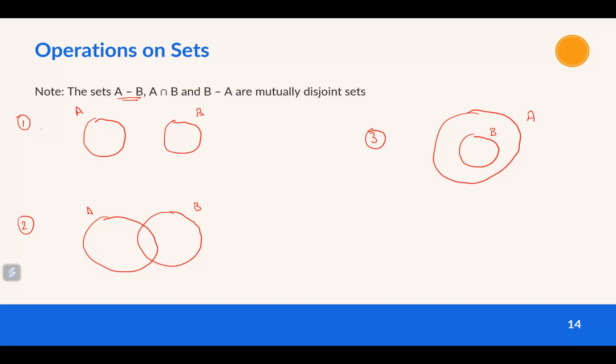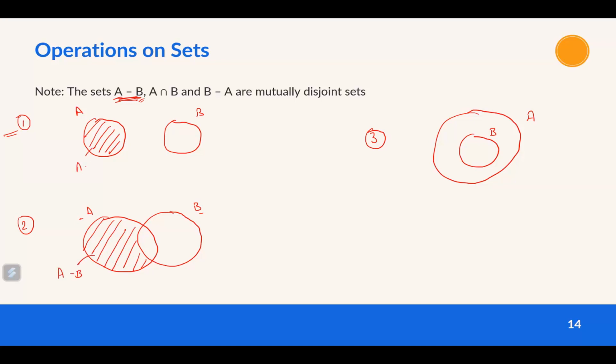In the first case, it will be the set of the elements of A when we remove the elements of B. But there is no common element between the set A and set B. So this will be the region which is A minus B. Okay. In this case, what will be A minus B? So we have a set A and a set B, and this is the common region. So we will get this region as A minus B, right?